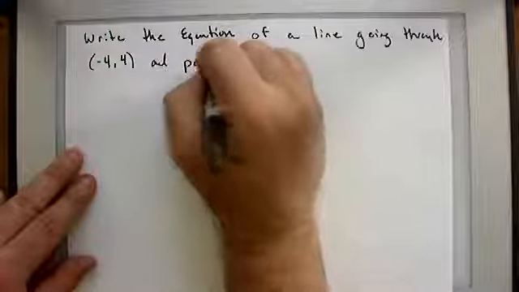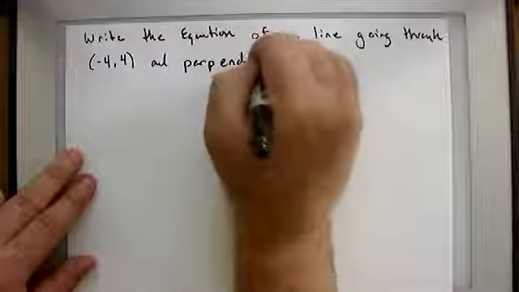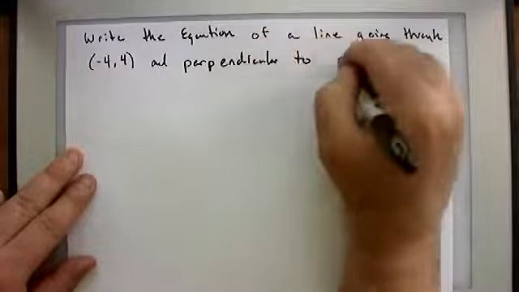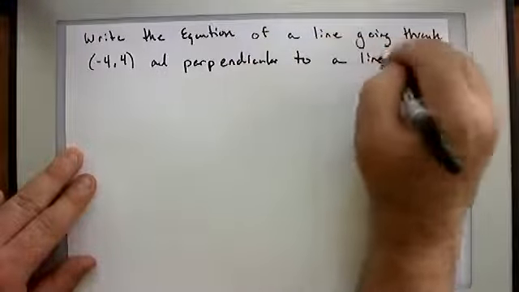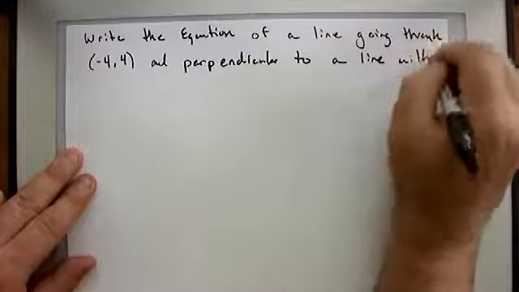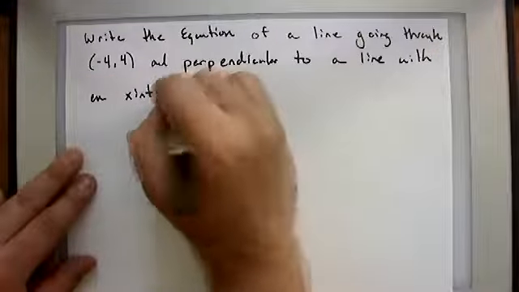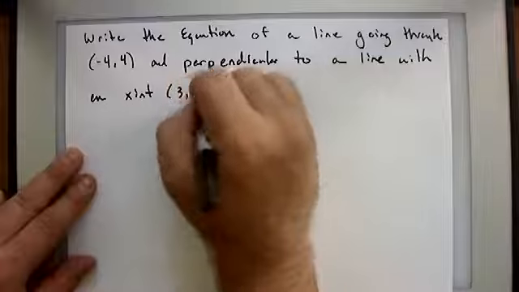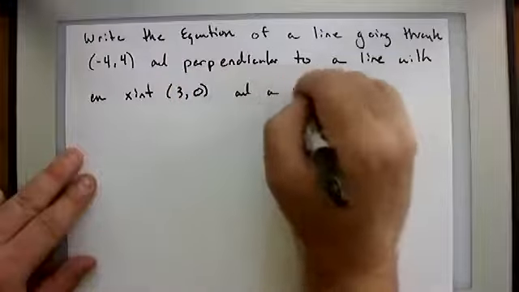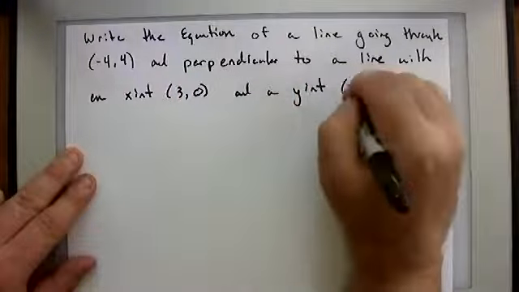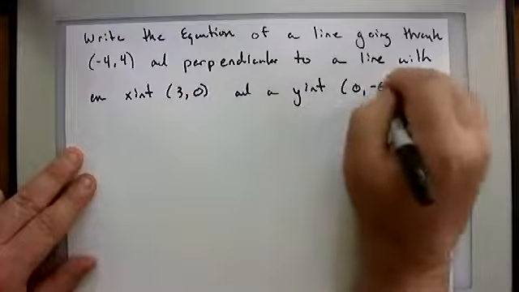Perpendicular to a line with an x-intercept, right? Remember, x-intercept of (3, 0), and a y-intercept of (0, -6).